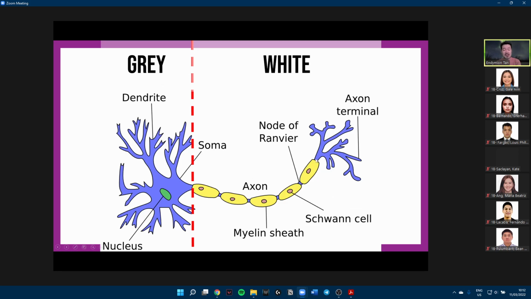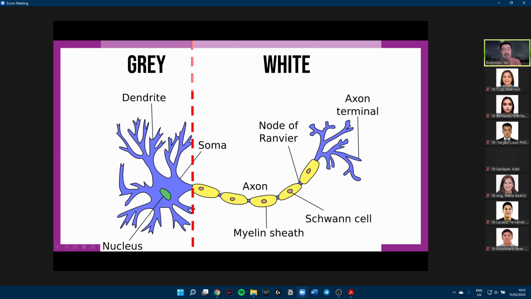The myelin sheath would give protection and insulation, and it lowers down the resistance for the impulses to be transmitted. Therefore, it increases the speed of impulse transduction. Pinapabilis niya. Because in some myelinated axon, hindi naman buong axon niya may myelin sheath. There are some parts that would lack the myelin sheath.